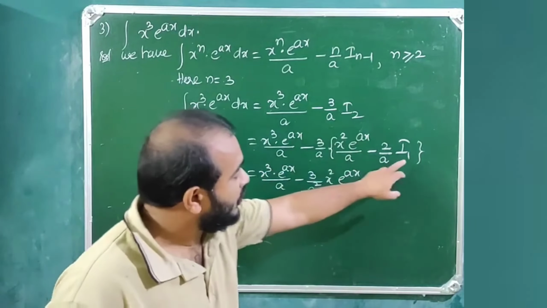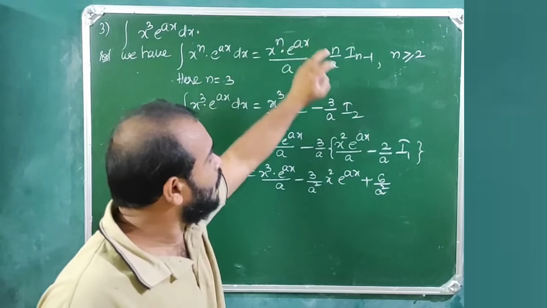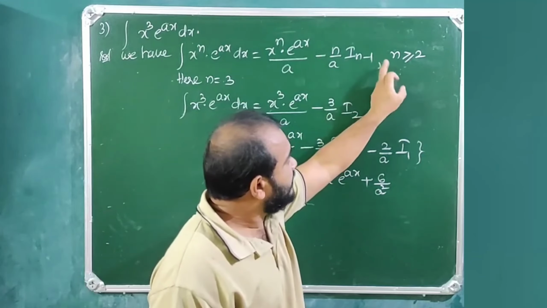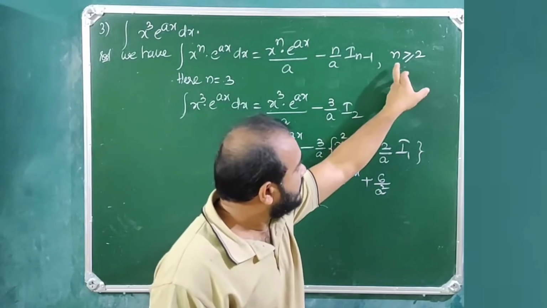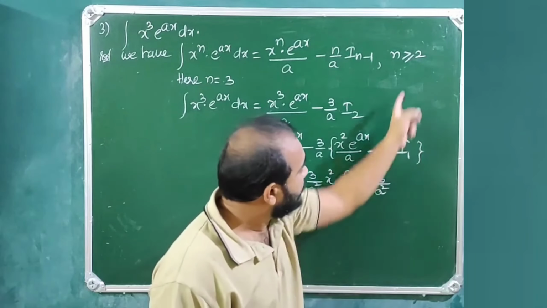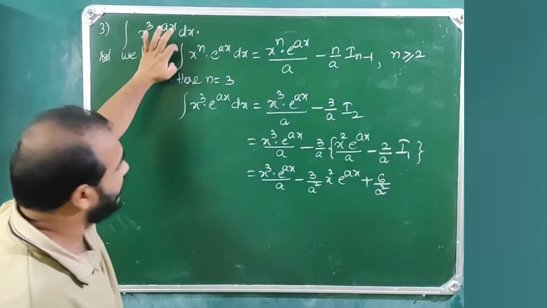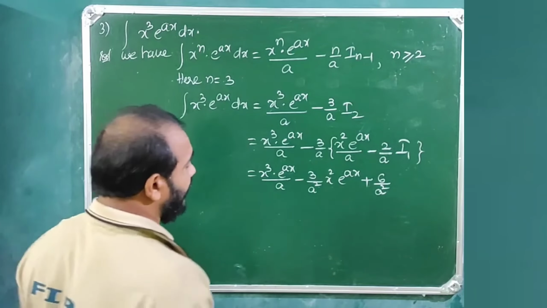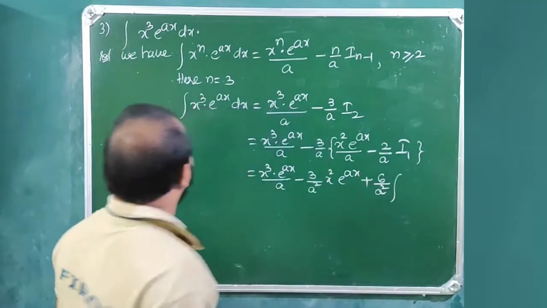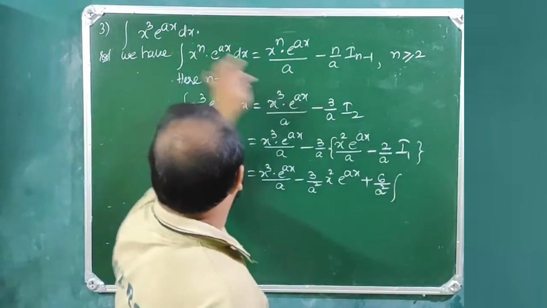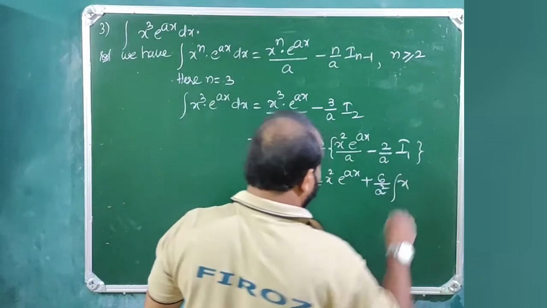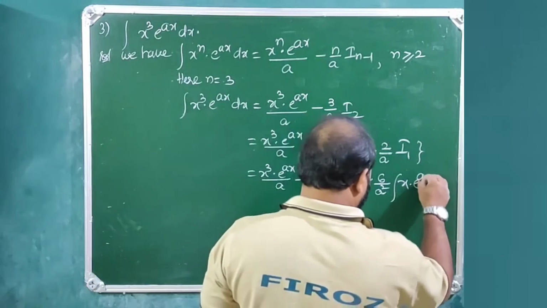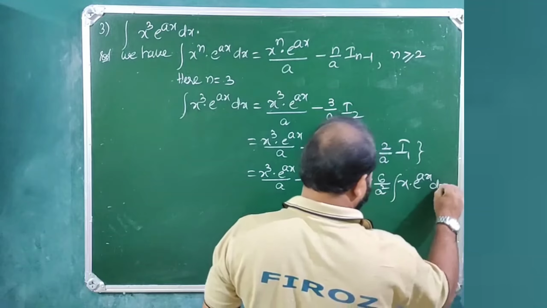So we cannot use n equals to 1 in this because this reduction formula is valid as long as n is greater or equals to 2. So 1 is less than 2. So let us directly substitute here. So integral, n value is 1 here. So x power 1 is x into e power ax dx.